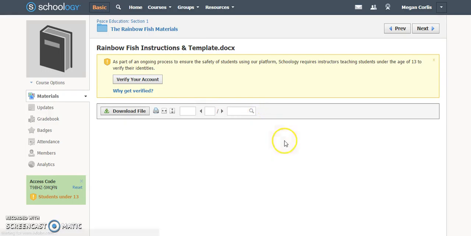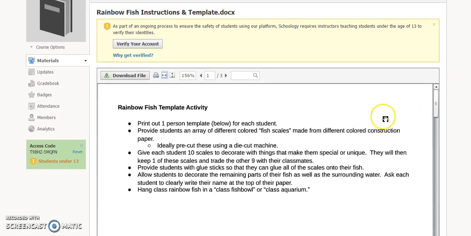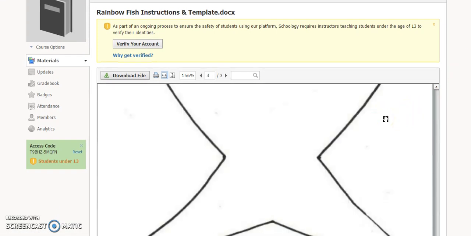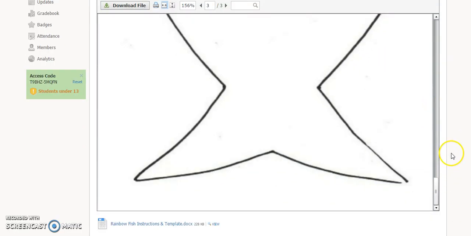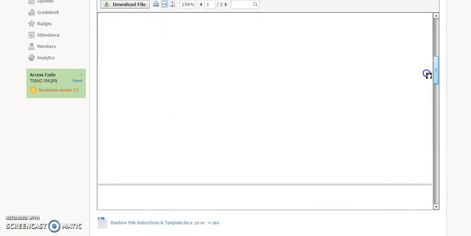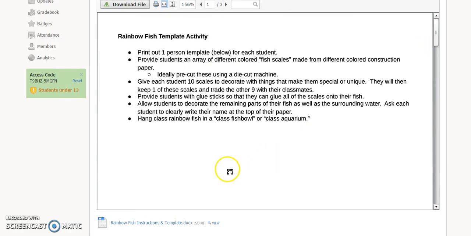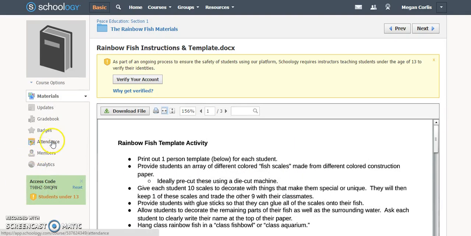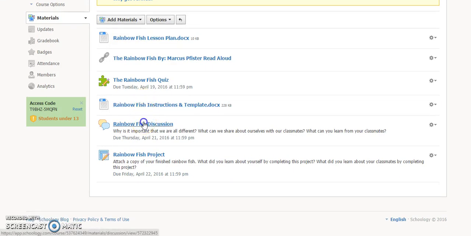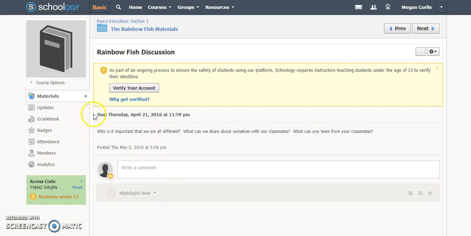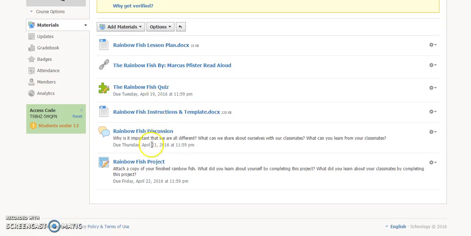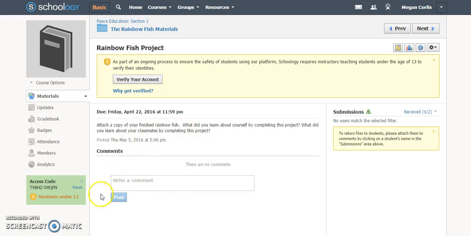Then I included the activity instructions and a template for completing this activity, including any materials that would be needed. Then I have another discussion board where students would be sharing their ideas, and a place where students can upload their assignment, which is the finished product.